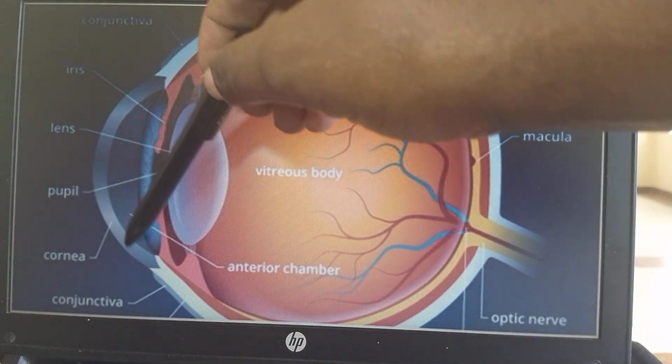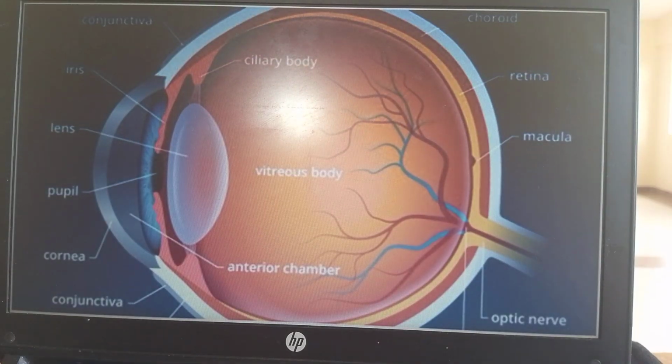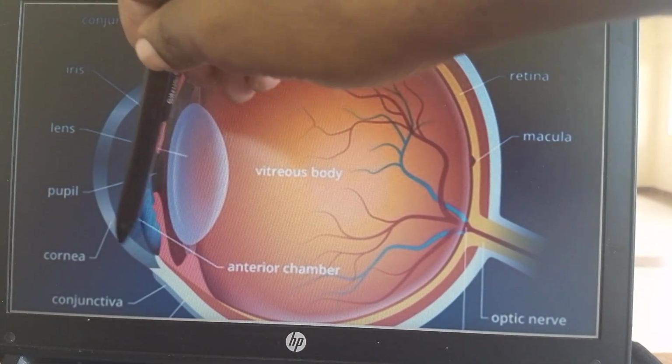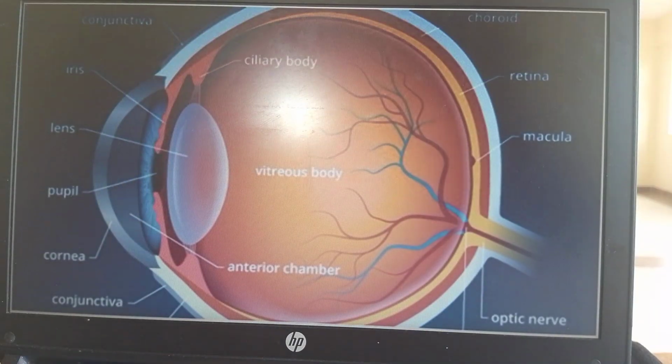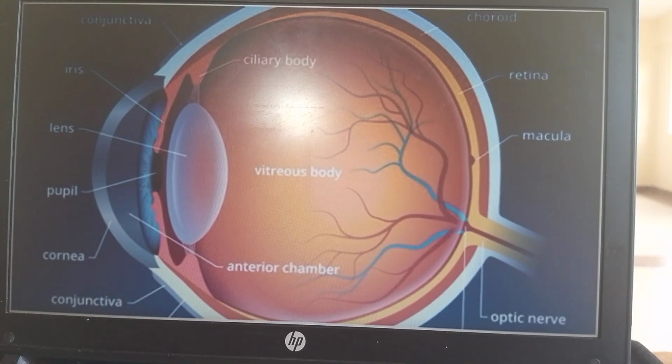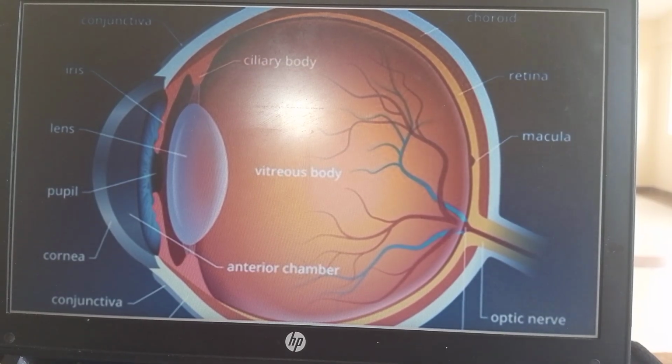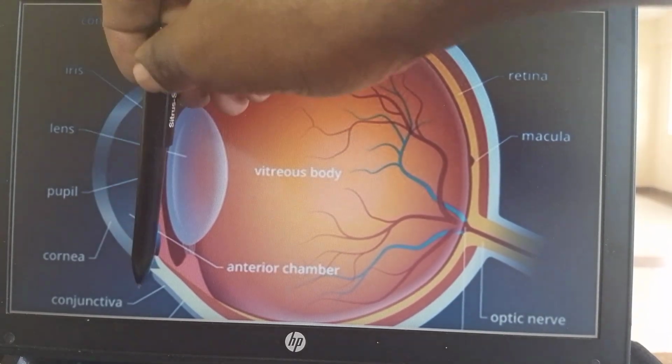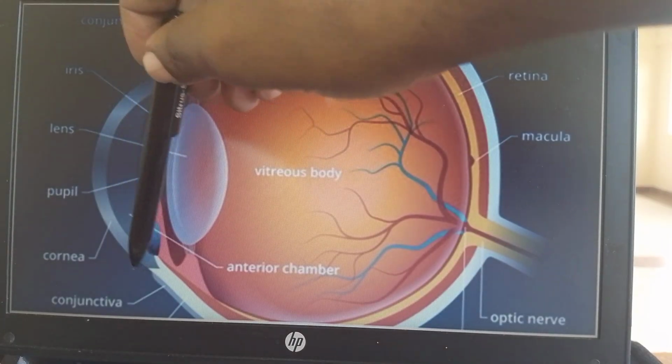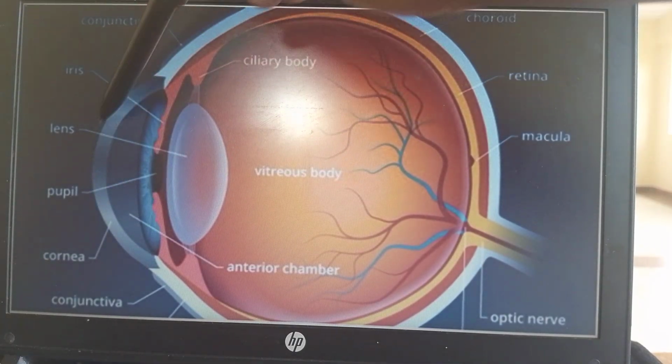This structure here, on top of it, around here, is the tear film, and the tear film, its function is to lubricate the surface of the eye. Apart from lubrication, the tear film also protects this structure here, the cornea.